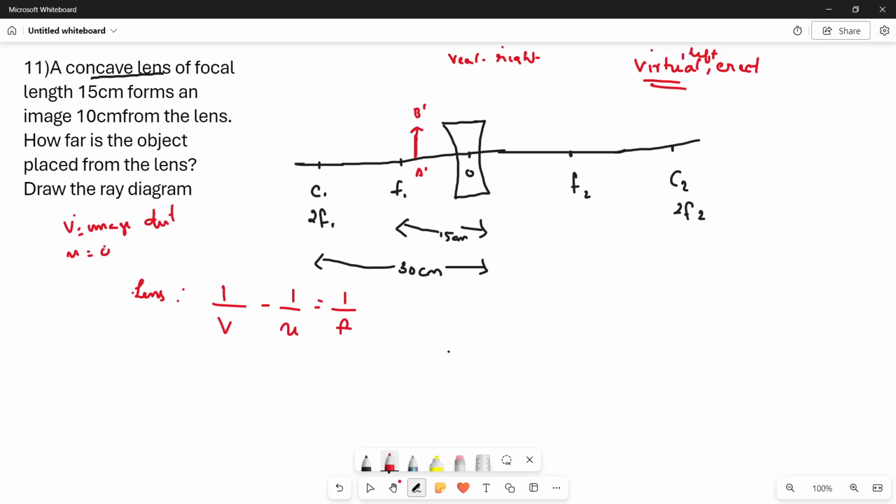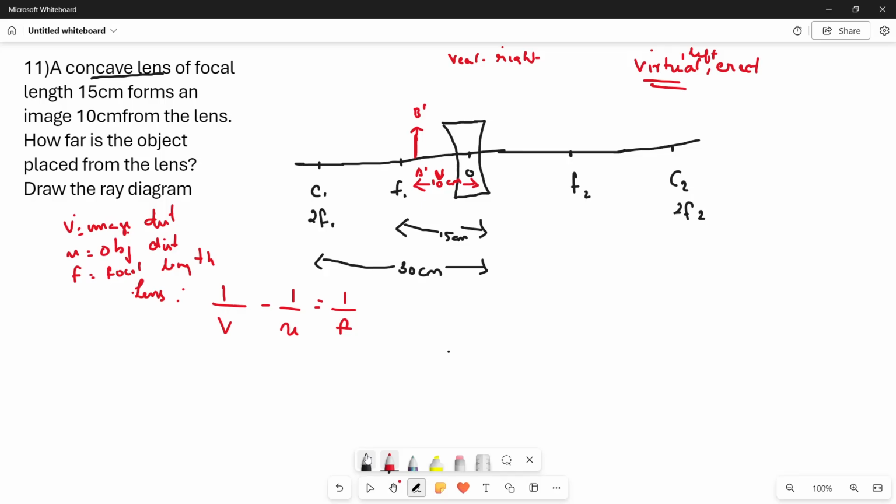U is object distance. Distance I mean is from the optical center, right? And F is your focal distance, focal length. So this 10 centimeter distance from the optical center is your V, image distance.